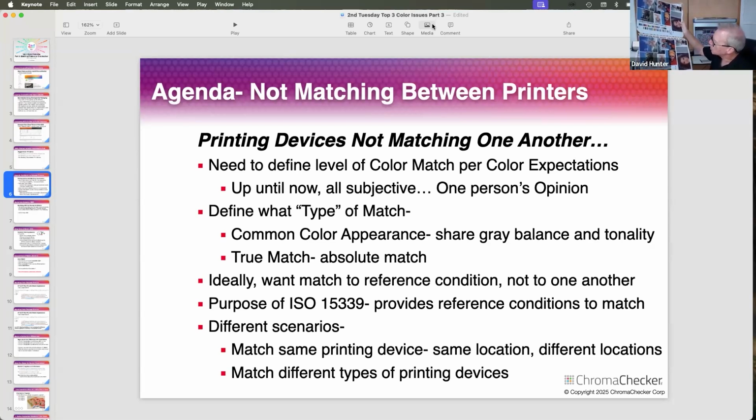And we put all the images in line, and when all was said and done, the curves to the proof was a 5 E-factor, and you can see the huge difference here, and that was unacceptable to the customer. The profile to the proof was a 2.8 E-factor. They said that was the best match they'd ever seen. And this was only done using ICC device links through the workflow.